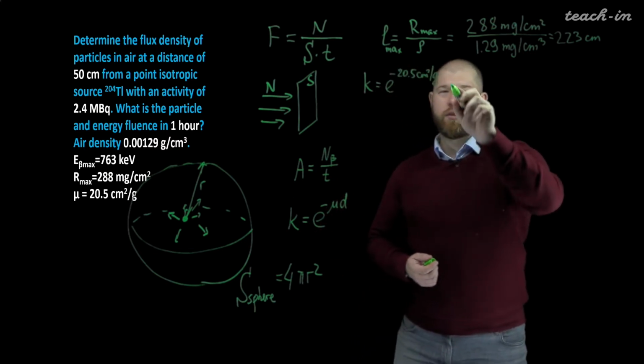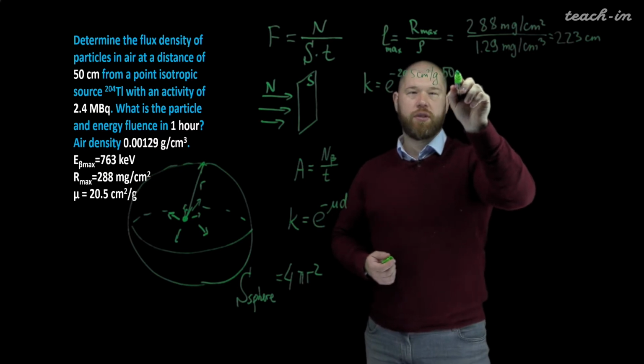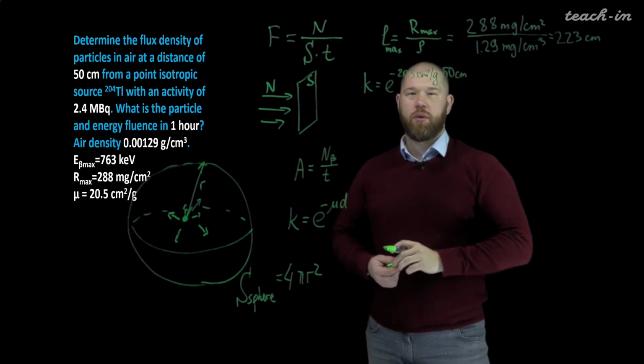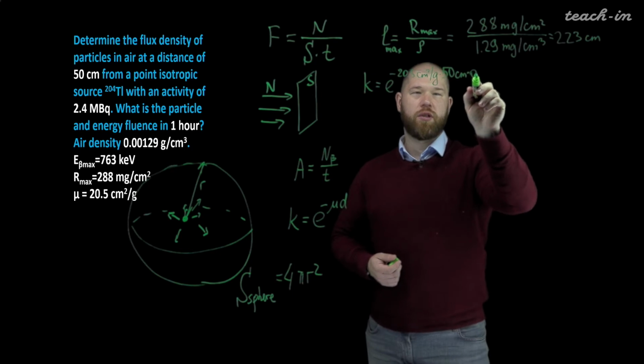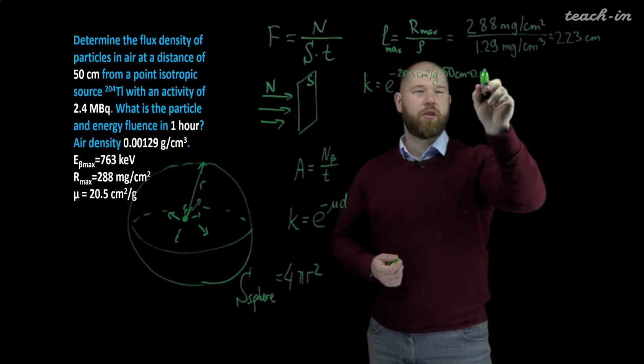Our distance is 50 centimeters, and we have to multiply it by the density of air, and in this case we will take back grams.